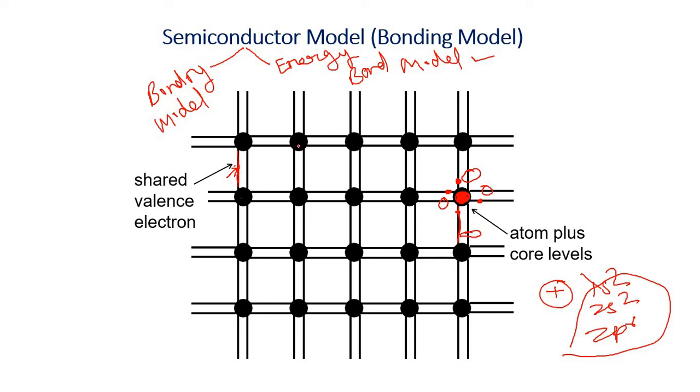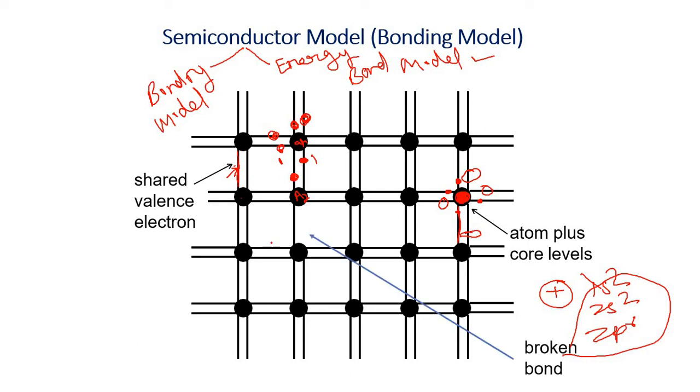Suppose this electron you are seeing is from atom A1, then this other electron should be from atom A2. So each atom will feel like it has 8 electrons.